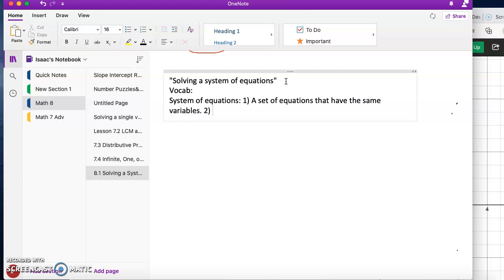Now, that is a terrific conceptual way to think of it. A way to think about it in a way that helps you actually get the work done and get the right answer is one graph, two lines. And now solving a system of equations.